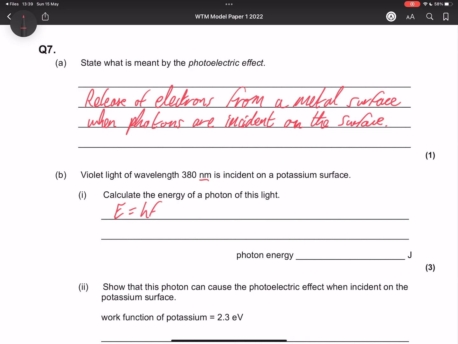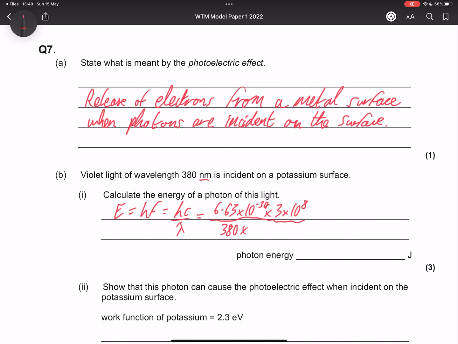So our calculation here is fairly straightforward. I doubt you'd get 3 marks for this these days. But E equals hf is hc over lambda. Plug in our numbers. The only tricky part being the fact that you're given 380 nanometers. So remember, nano is 10 to the minus 9.